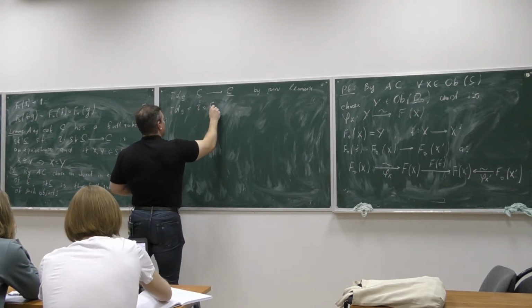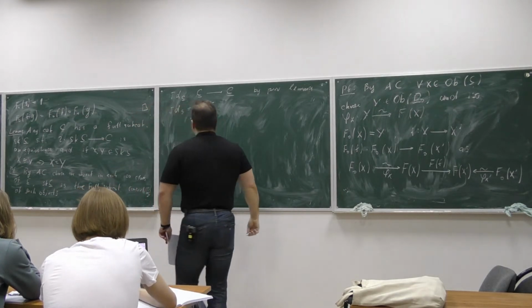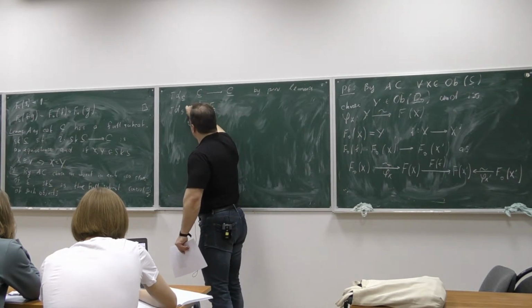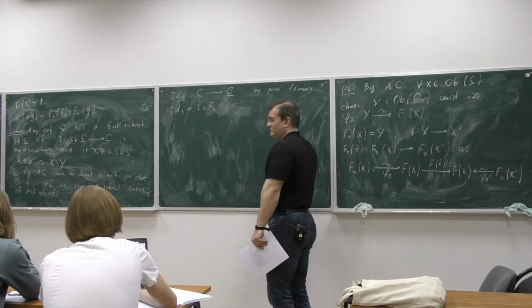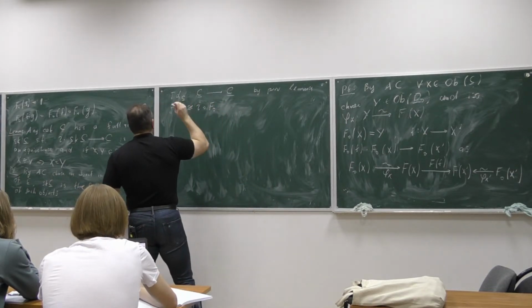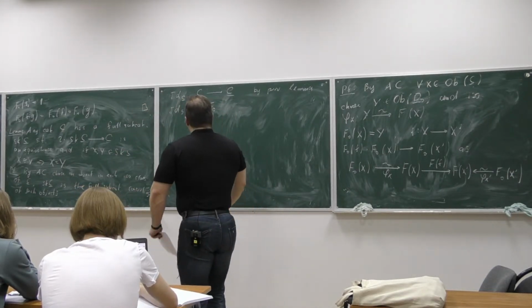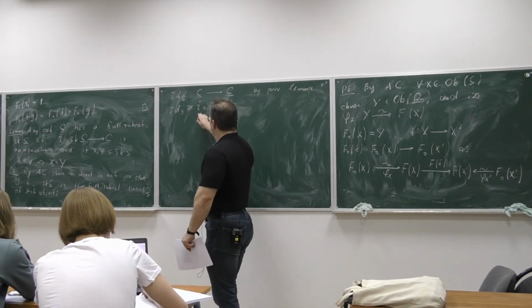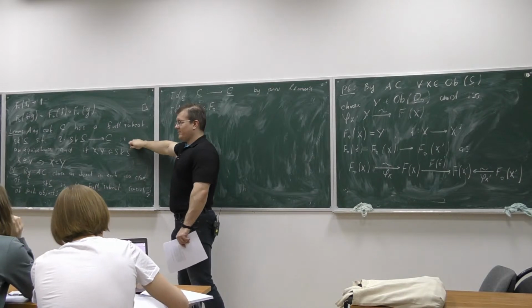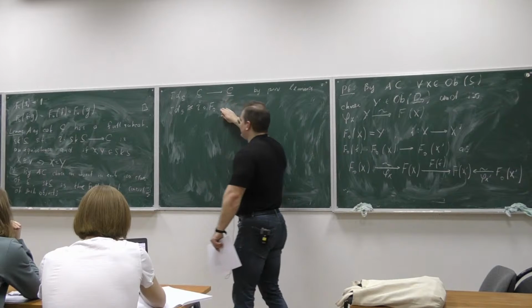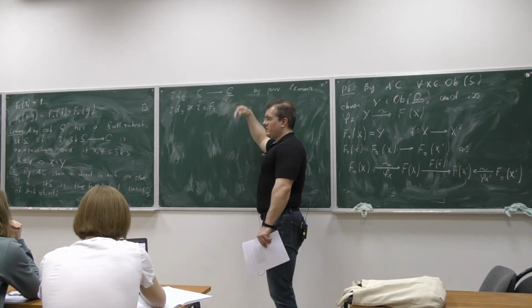Let's use notation as before and call this functor f0 as in the previous lemma. Right? No, not equal, but isomorphic, of course. Iota is given in the statement of the lemma. And f is just some functor that exists by the construction of the previous lemma.